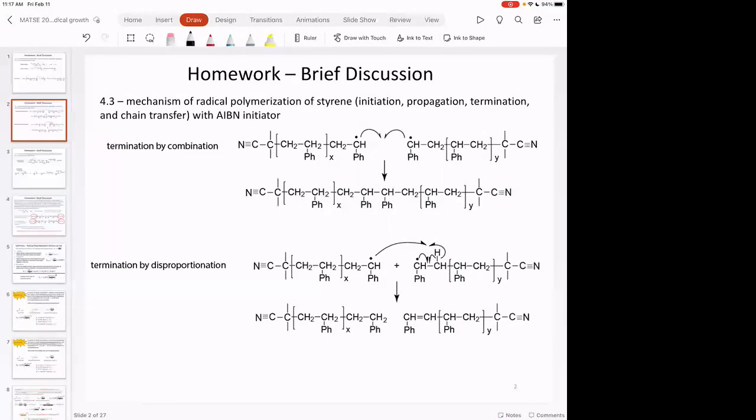Not a trick question. 2 moles of chains. I have growing chain A and growing chain B, and I have exactly the same 2 moles in disproportionation, same exact reactants. How many moles of products do I have in termination by combination?